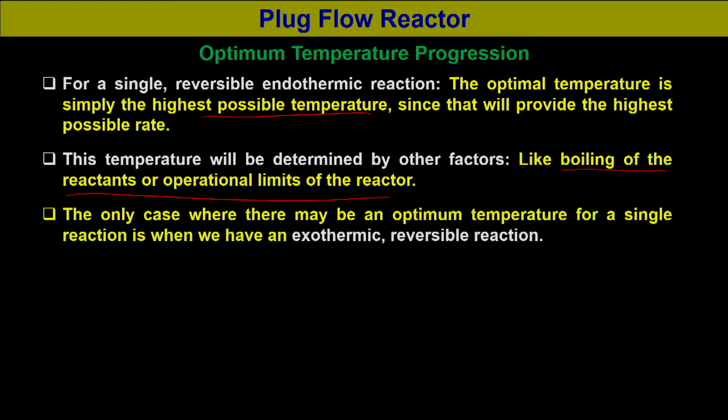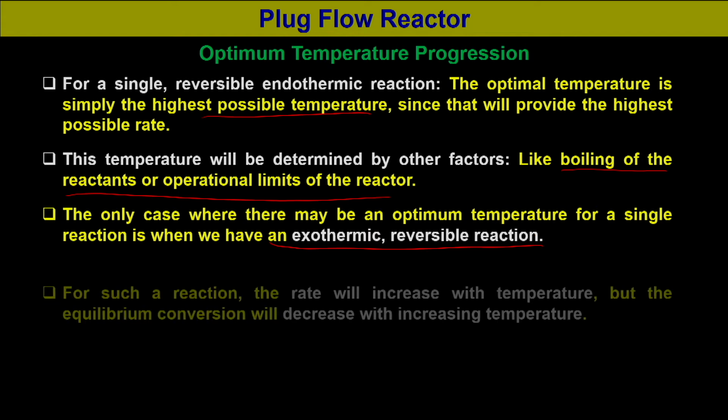The only case where there may be an optimum temperature for a single reaction is when we have an exothermic reversible reaction. So, for an exothermic reversible reaction, we can have optimum single temperature or a temperature progression.